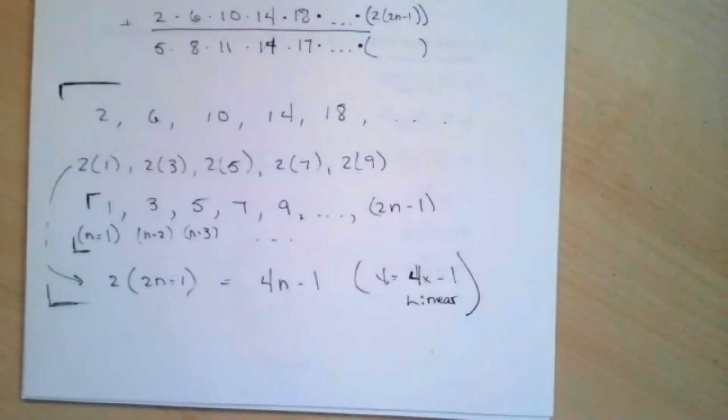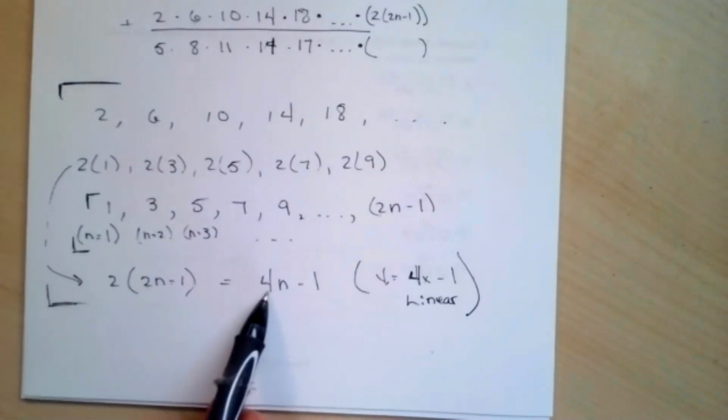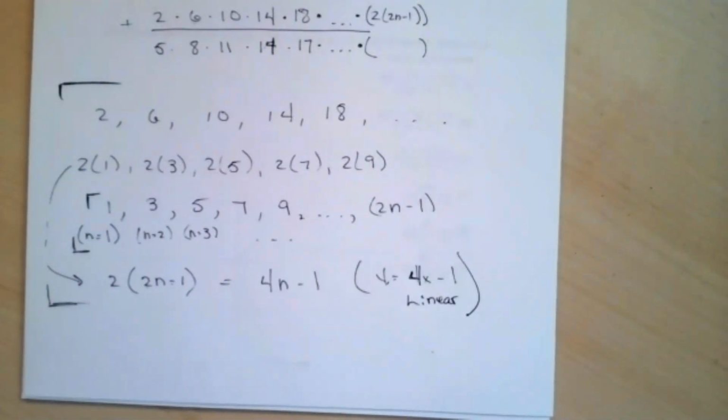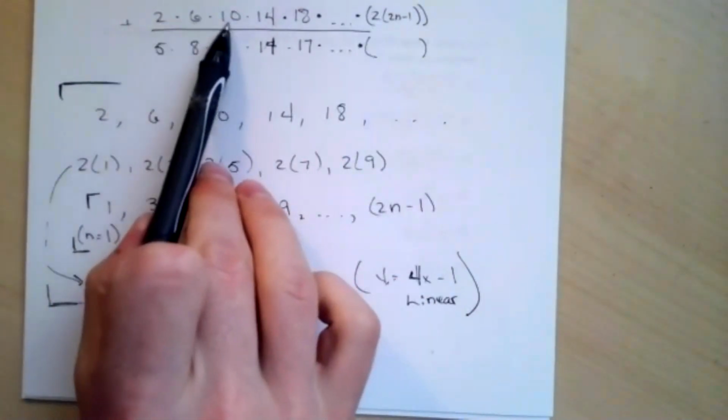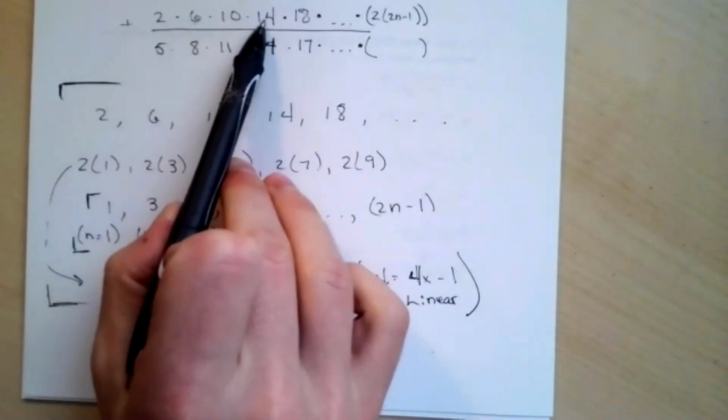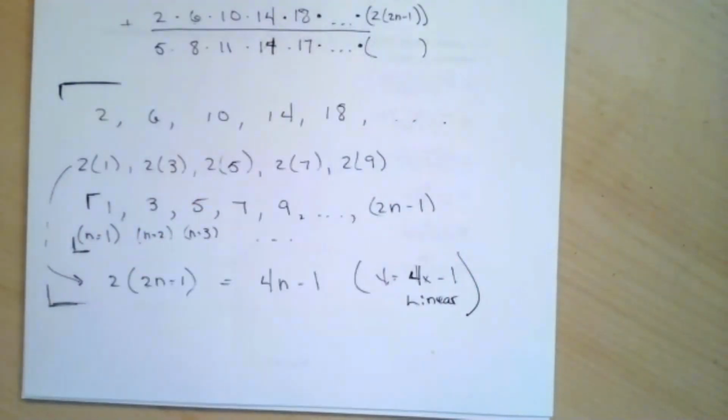So this is our linear sequences. It means that this 4 is our slope, meaning every increment we are increasing by 4. So that's what we originally noticed, adding 4, adding 4, adding 4 to get these consecutive products.